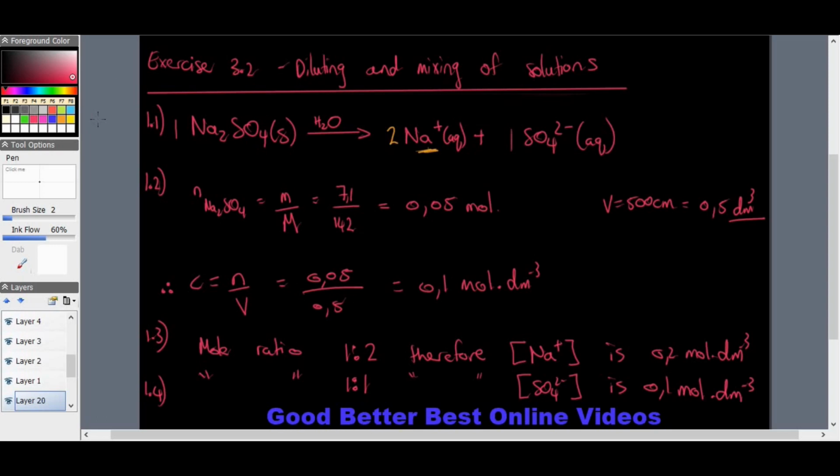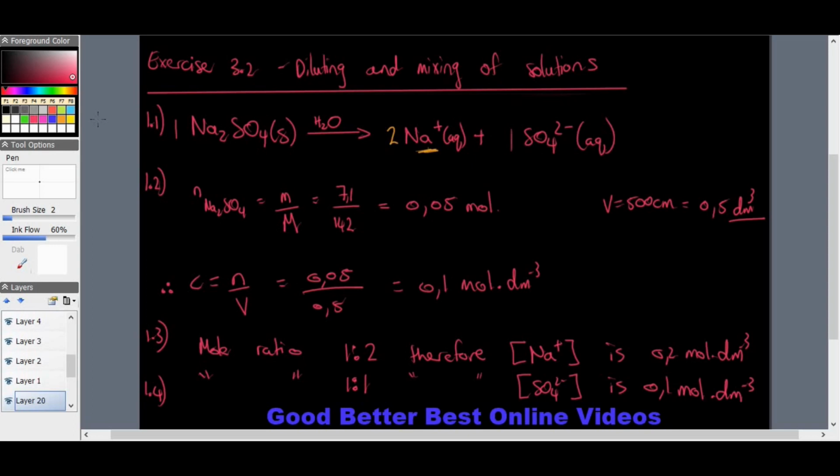So for 1.5, if 500 cubic centimeters of water is added to the solution in 1.2, which we calculated there, they ask now, what is the concentration of Na+ ions now? And so the volume is therefore doubled.